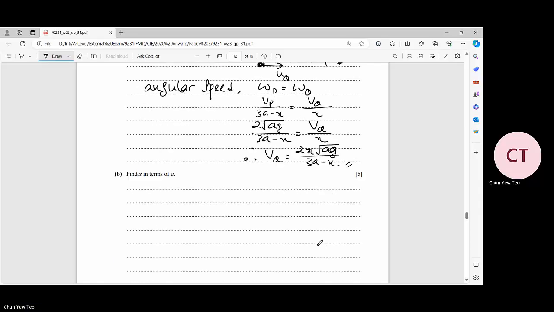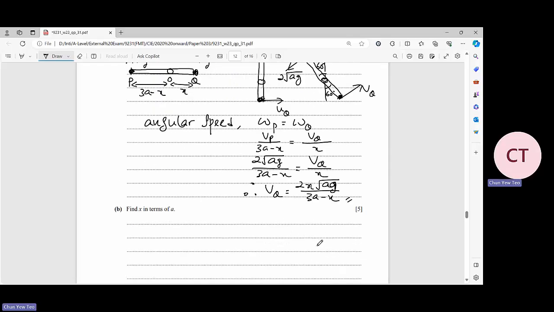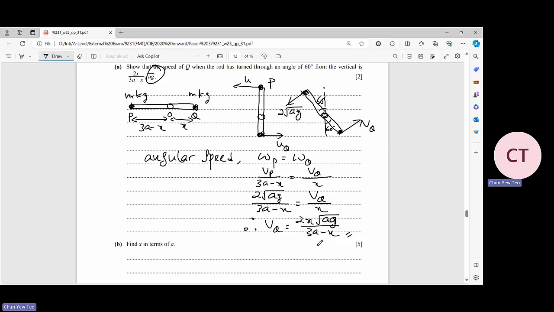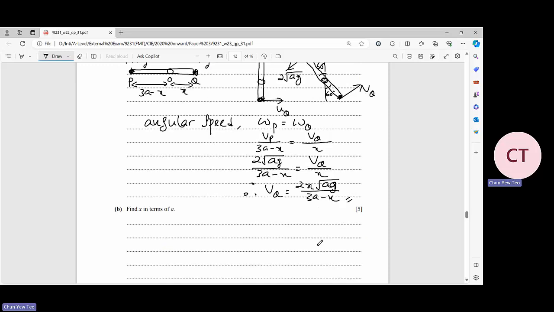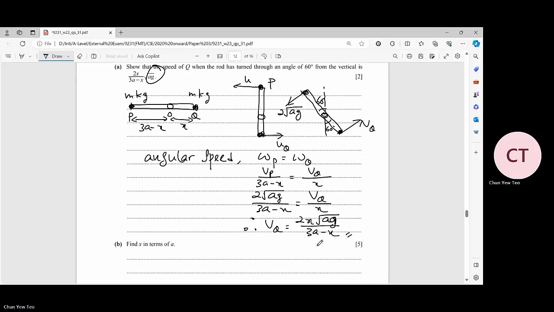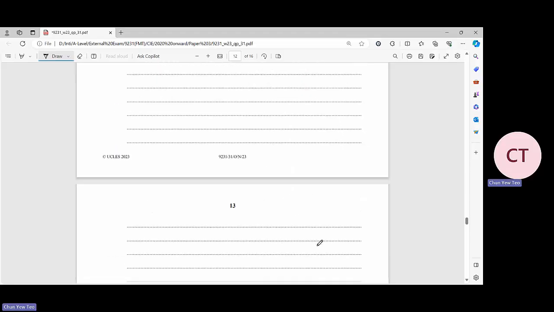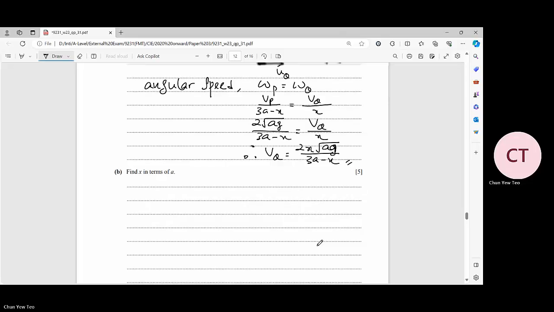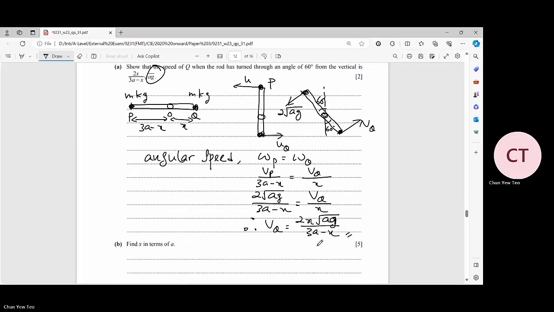Then find x in terms of a. Just now we mentioned conservation of energy, but here conservation of energy may not be suitable.